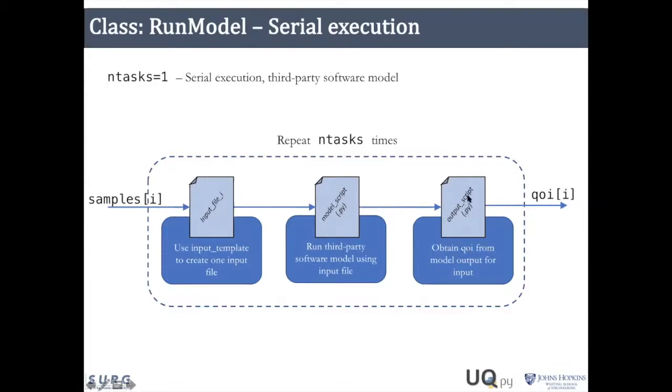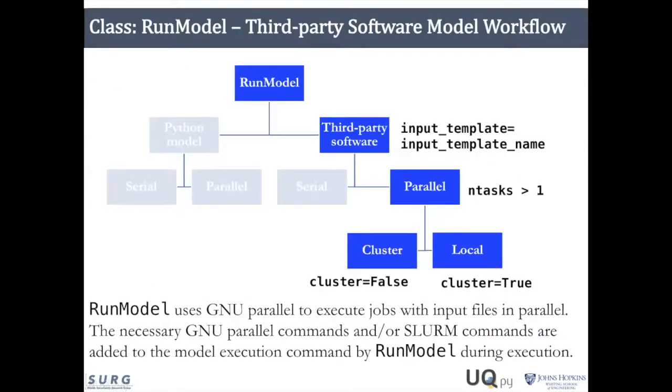So this output script post-processes the model output to obtain the quantity of interest, and that quantity of interest is again stored in the ith value, in the appropriate value by RunModel. And this process is repeated n samples number of times. So as many samples as there are, this loop loops over the number of samples.